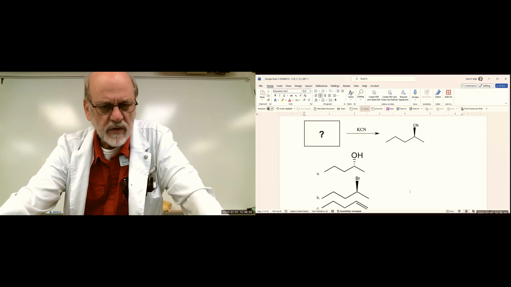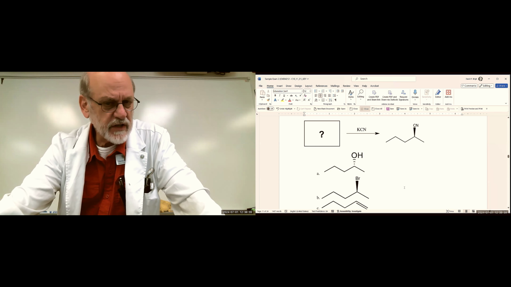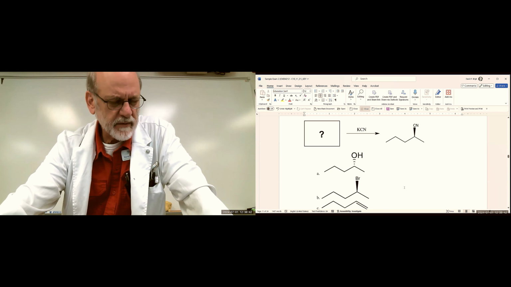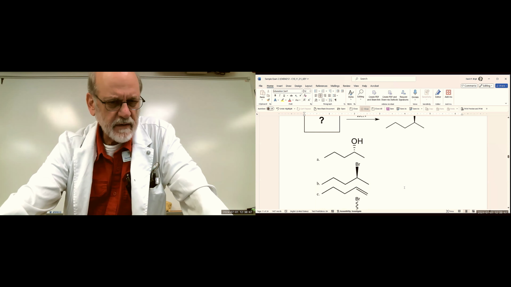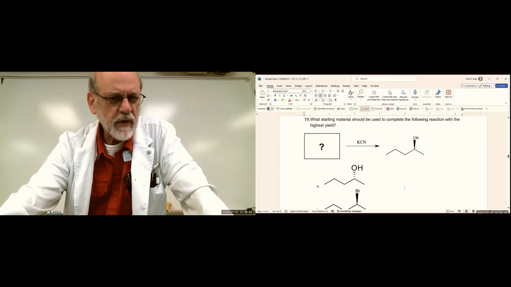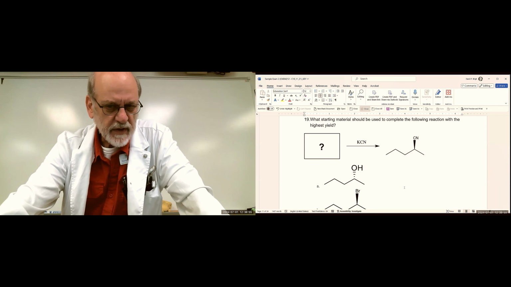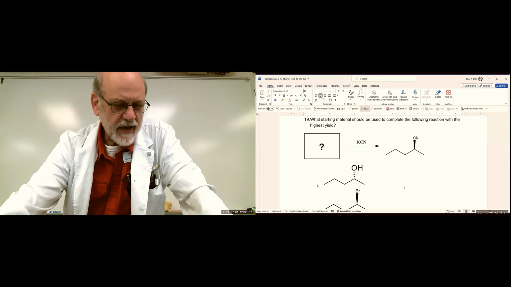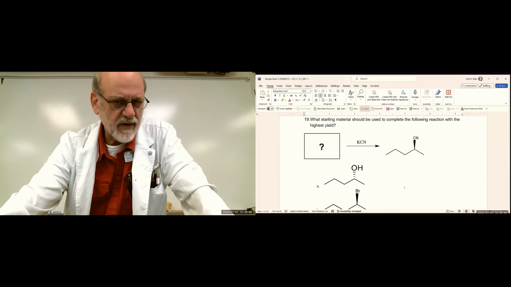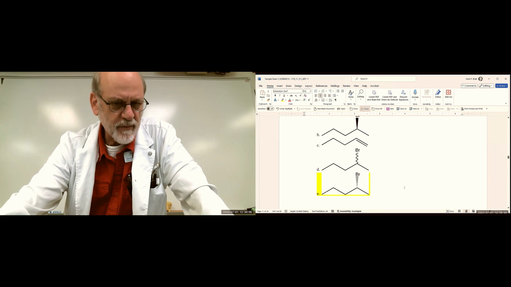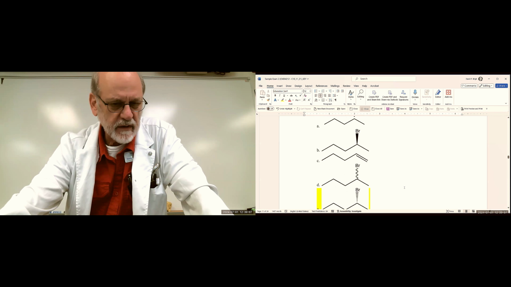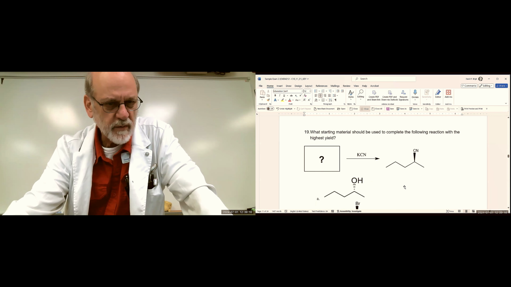Well, you want a really good leaving group, but the highest yield will be a single step, I would think. So if you had a bromine, which is an excellent leaving group on that carbon, but it's on the backside, then if you had an SN2 attack with the cyanide ion on that carbon, the bromine would leave off the back and the cyanide would be on the front. So it'd be E. Yeah, I think E would work the best.